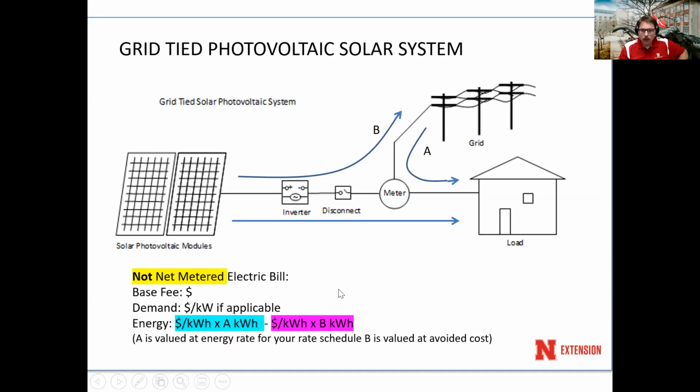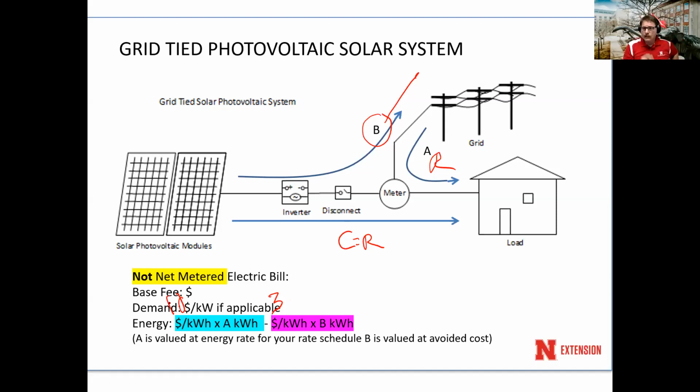So here's our clean slide for a not net metered system. And again, A is worth retail, C is worth retail, because C is offsetting A, but now I'm going to get paid for B separately. So let's say a value of 3 cents for B, and I have 10 cents for A, and all of B then is worth 3 cents.